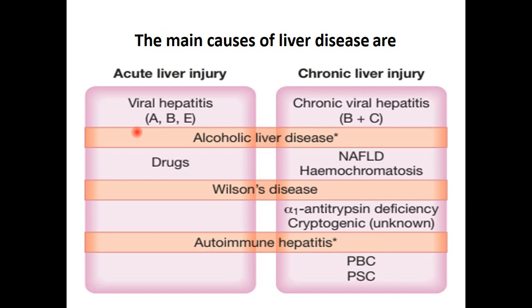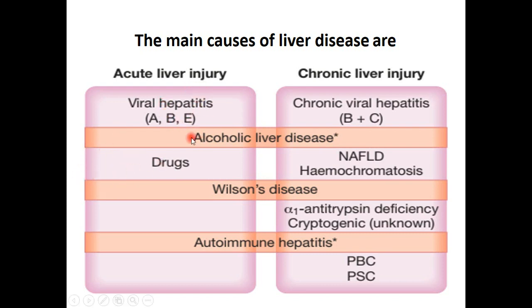So the majority of cases of acute liver injury are due to viral hepatitis, mainly type A or sometimes type B and E, while type B and C cause chronic liver disease and even liver cirrhosis. So with type A and E, it's very unlikely to have chronic carrier state or lead to chronic liver disease and liver cirrhosis. Only acute liver injury.